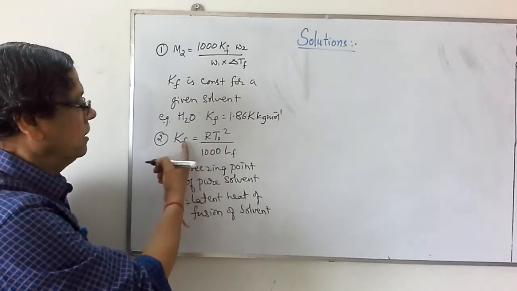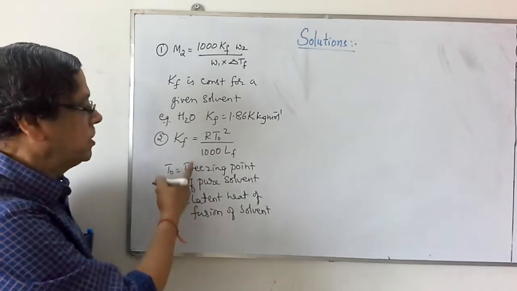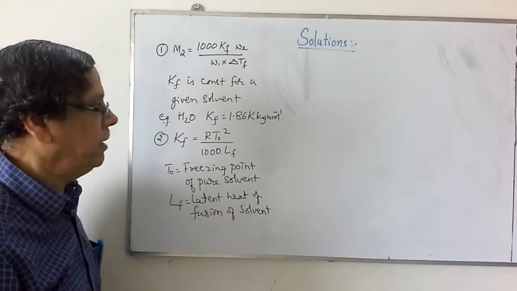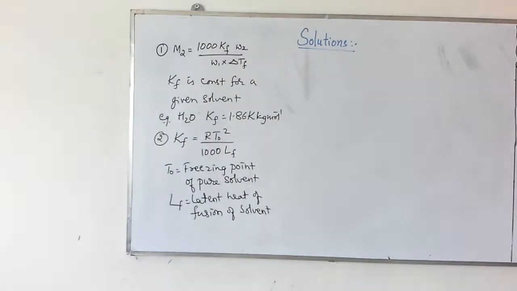R is the gas constant, so we can calculate the Kf value. Using that also, if you calculate for water, it comes out to be 1.86 Kelvin kg per mole.